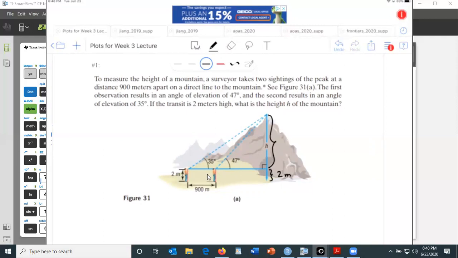So we can just simply walk that person over here, and it's still going to be 2 meters plus whatever remains. So let's call this x. So the height of the mountain is going to be x plus 2. Right? Just add the 2 pieces up, and that's the total height of this mountain. That's what we want.